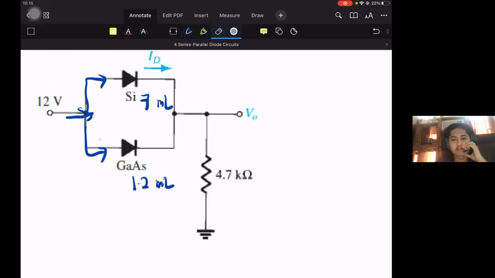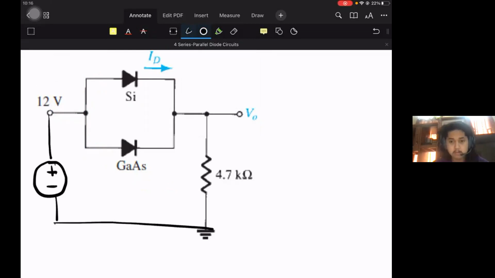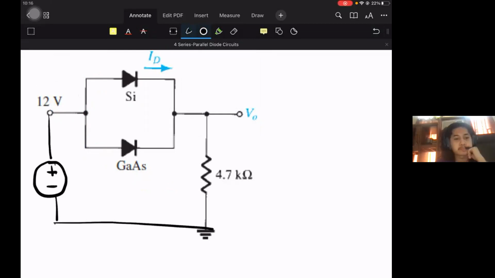So, using that analogy, although it's not a perfect analogy yet, because we have a 12 volt voltage source, it allows electrons to flow, thus creating current. Just try to visualize the electrons flowing. Electrons flow from negative to positive, or we are using conventional current.